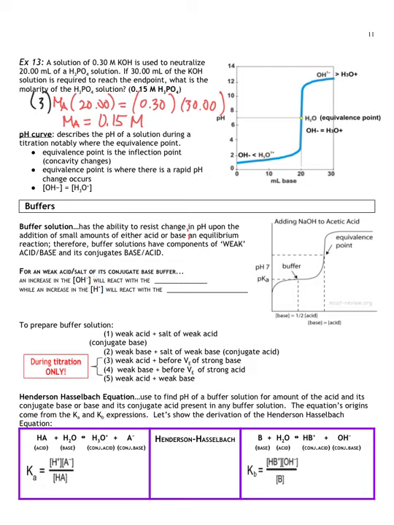Now, when you add hydrogen ions, the buffer solution prevents changes in pH because the conjugate base reacts with the hydrogen ions that are added. So the conjugate base of the weak acid.